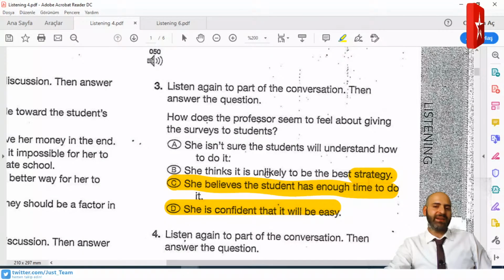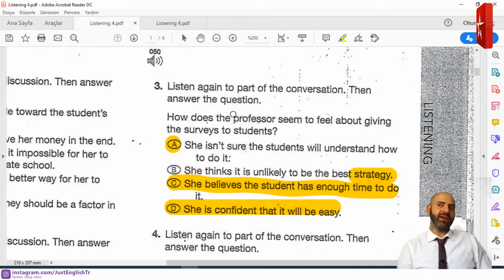She thinks it is unlikely to be the best strategy. Because of the word strategy, I would eliminate this answer and I would choose A. Because the professor says, from my past experience, it is not such a breeze to find 50 students who would volunteer to do it.